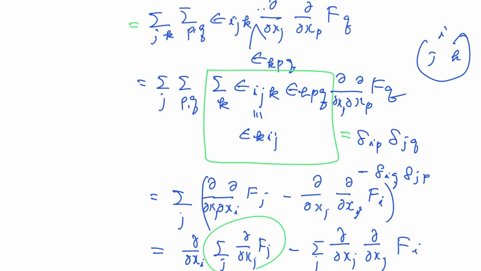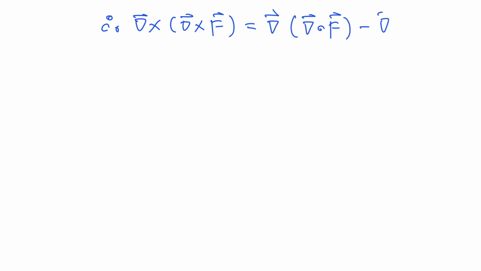And this is nothing but the divergence of f. And this is the Laplacian. So we can put it down as: therefore, the curl of the curl of f is the gradient of the divergence of f minus the Laplacian of f.